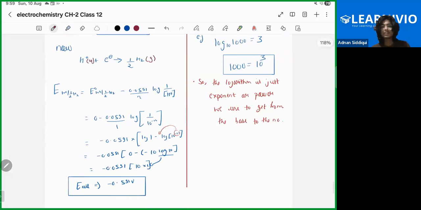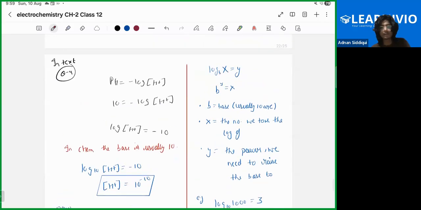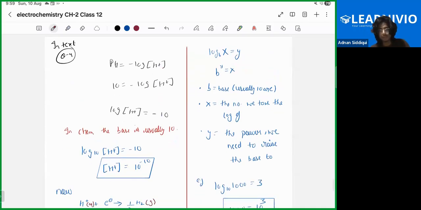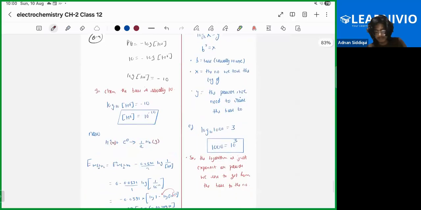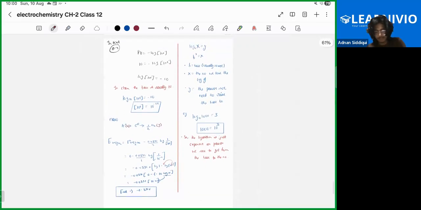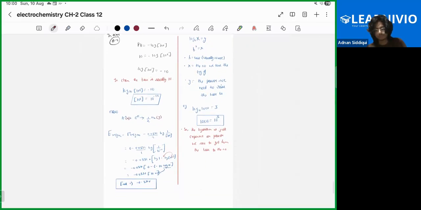The main thing which students find a bit different, or are not able to understand, is this part: how we are converting this log part. Because this part is from the chemical equilibrium chapter, and the thing is very simple. You just have to know some knowledge of logarithms, how we are doing this. Okay, so do one thing, see this question and let me know if you have any doubt here.